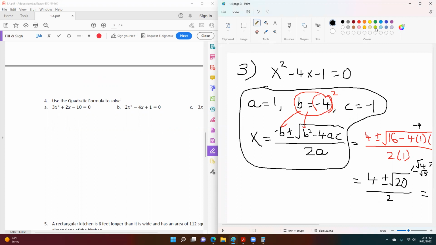Okay. Your A is the first number, 3x squared. Do I put x squared here? I did not put it. I'm talking about the coefficient. You remember coefficients? That's right. No x involved.